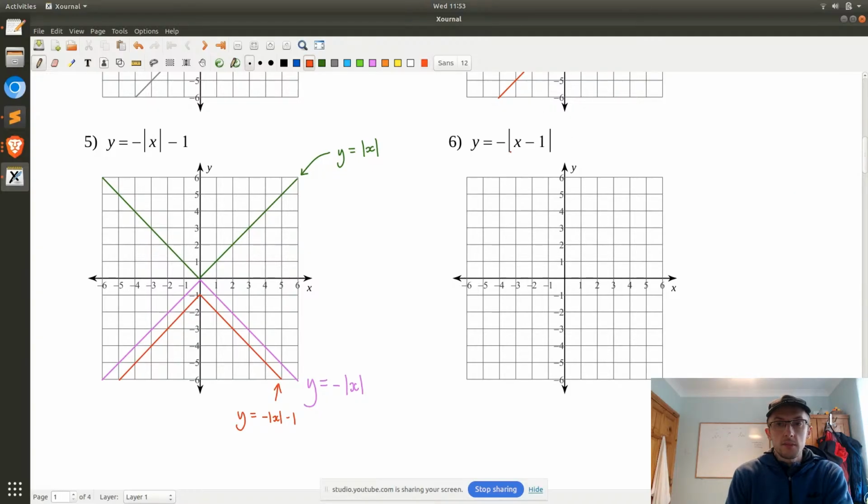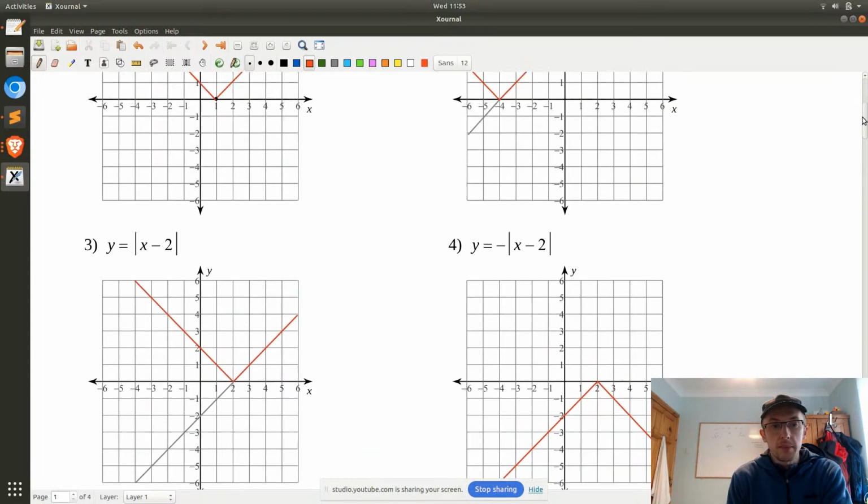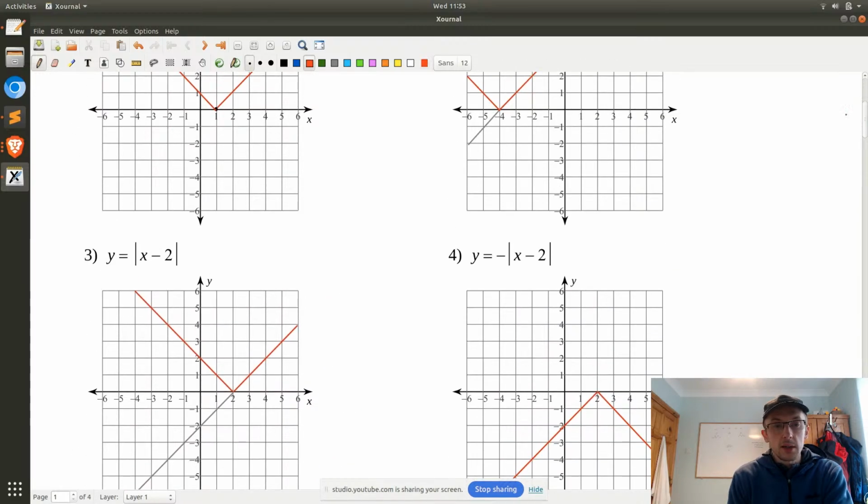Now, this one here is the negative of the absolute of x take 1. The negative of the absolute of x take 1. So, ordinary x take 1 absolute value. So we can see here plenty how to do that. There's x take 2.